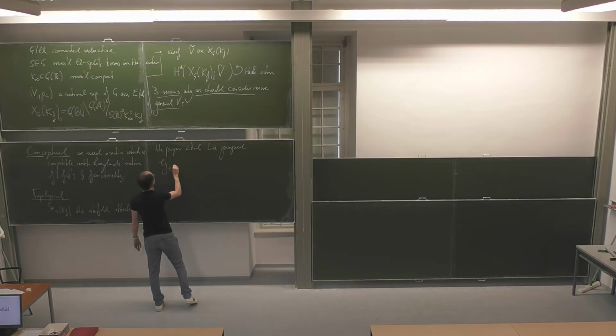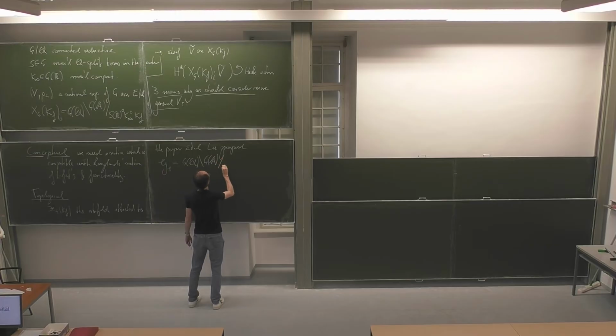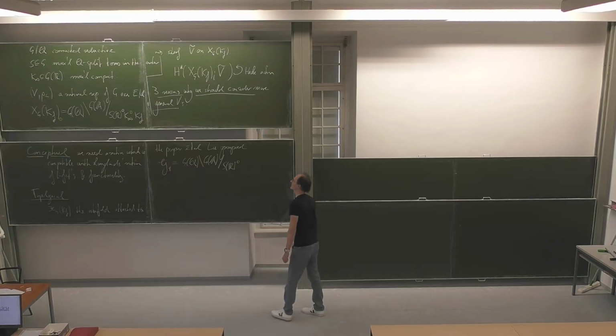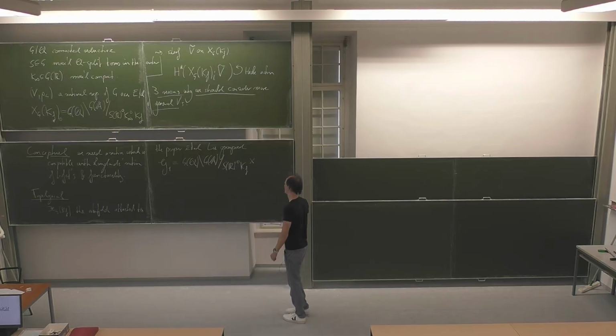So the space of arrows, which I denote G1, is just this quotient. So you take the space as before and you mod out the connected component of the R points of the central torus, and you keep K_f here. So you keep K_f inside here. K infinity, so K infinity is still there.